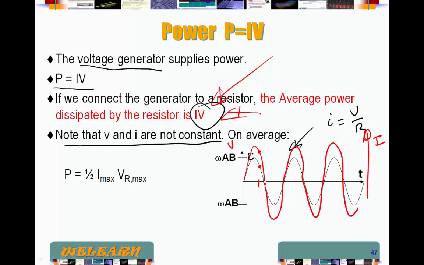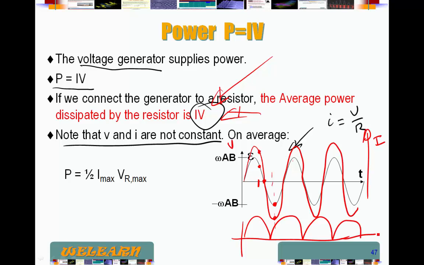The power dissipated at this instant is going to be this voltage, which is 0, times the current here, which is 0. The power dissipated at this instant is going to be this voltage times this current. And what I'm trying to stress is the power is not going to oscillate between positive and negative. It's going to change values, but it's going to change values in this kind of fashion, remaining always positive.